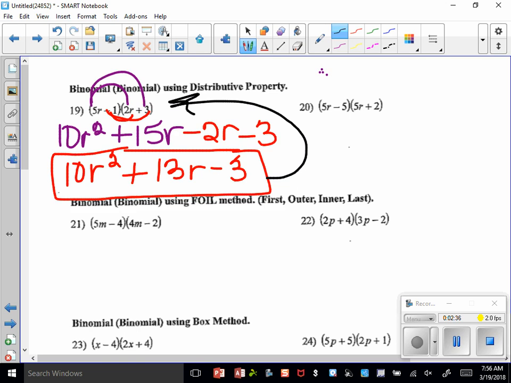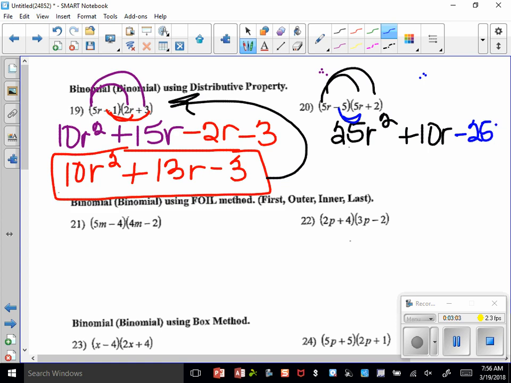So let's take a look at number 20. We're still just using the distributive property. You're just distributing twice. So I'm going to multiply 5r times 5r. That'll give me 25r squared. And then the 5r times the 2 will give me 10r. And then I take the second number, do the same thing, and multiply negative 5 times 5r, negative 25r.